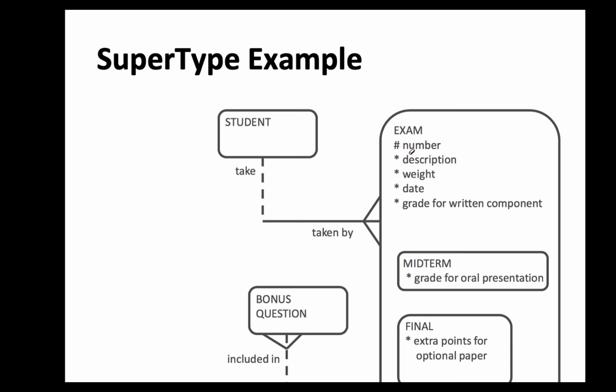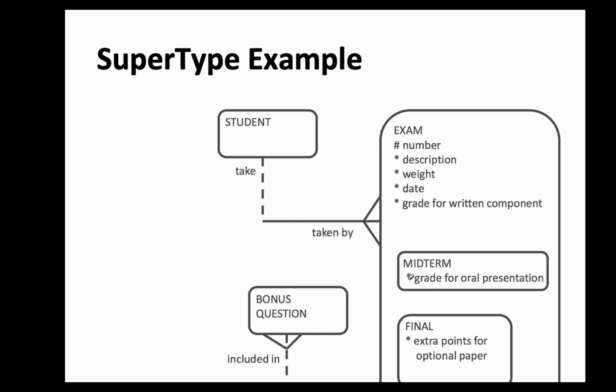So any question about subtypes, supertypes? All attributes and all relations of a supertype must be the attributes and relationships of a subtype, but not vice versa, okay? Similarly, here is one attribute, great for oral presentation, right?